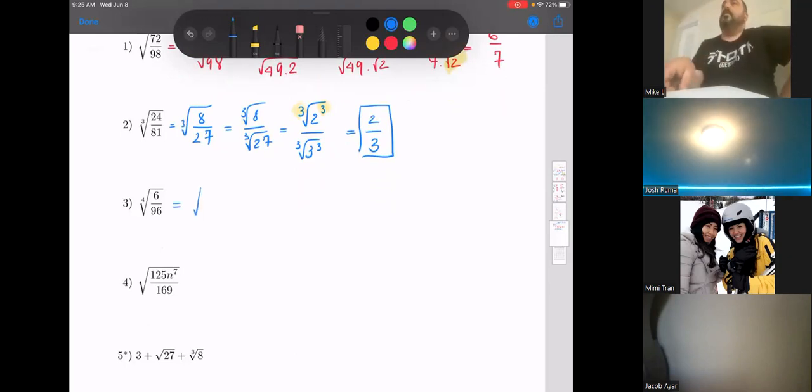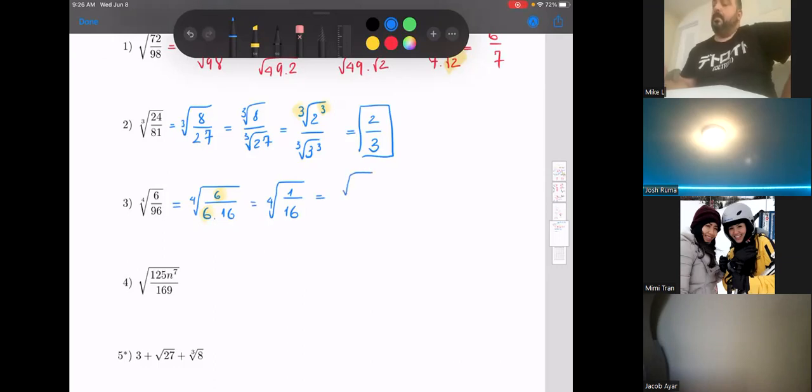Maybe this one I do a little bit slow. I have 6 on the top. On the bottom, I have 6 times 16, and then I can cancel. You don't have to show me that little extra step. On the top it leaves me 1, and on the bottom is 16.